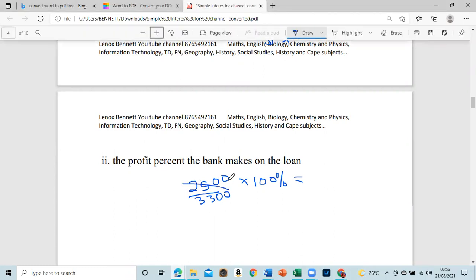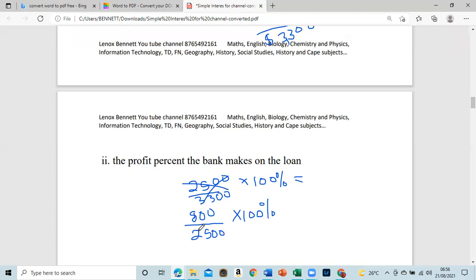So we could cross out this. If we do it that way, then subtract it from 100, more students get the full understanding. Profit is 800. And we are going to express that over the initial loan, which was 2,500. So that'll be 800 divided by 2,500.